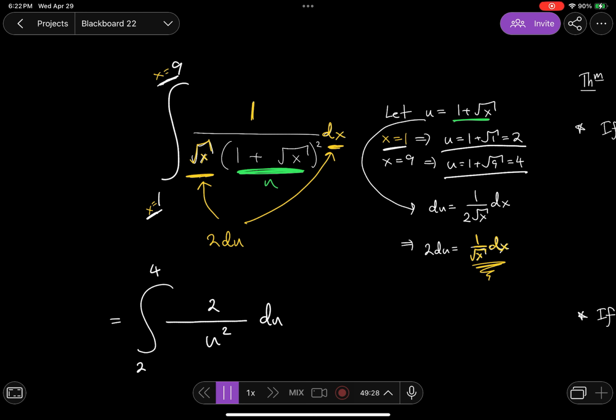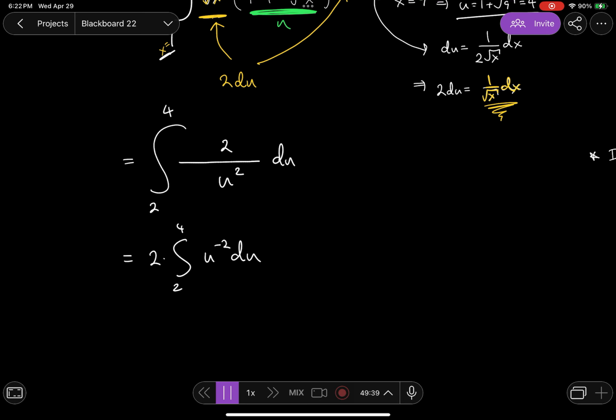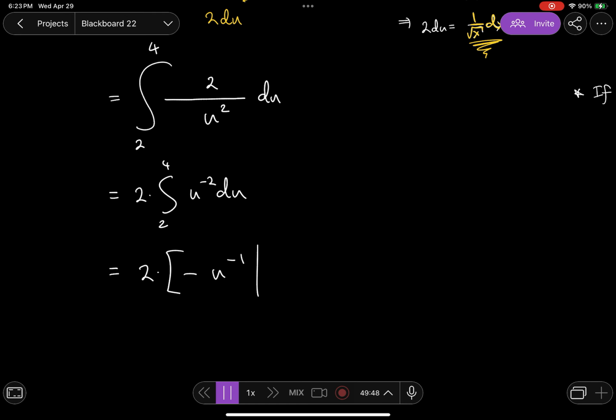All right. Now, of course, this is the same thing as 2 times the integral from 2 to 4 of u to the negative 2 du. That is the same thing as 2 times negative u to the negative 1. So I just anti-differentiated using that anti-power rule from 2 to 4. And of course, this is the exact moment where I give credit where credit's due.